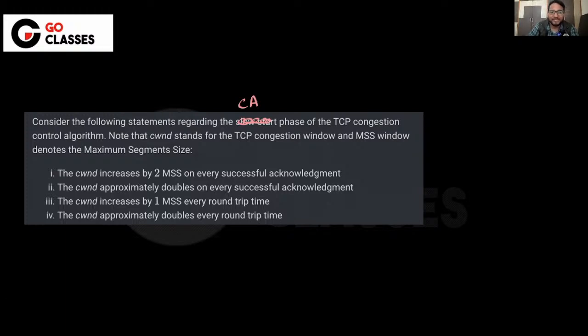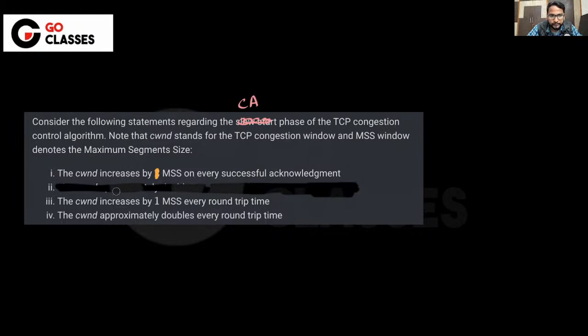So the CWND increases by 2 MSS on every ACK. Let me just say this is 1 MSS on every ACK and approximately doubles on every RTT. Let me just remove that because everyone knows that it doesn't get double in congestion avoidance.